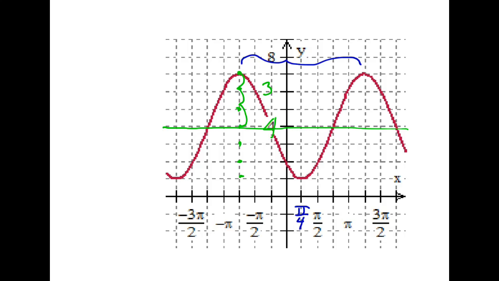So counting tick marks, we have 1, 2, 3, 4, 5 pi over 4 to the right of the y-axis, and to the left we have 1, 2, 3 pi over 4. So that's 8 pi over 4, or 2 pi. So this period is just a regular period, and that means C is just plain old 1, and we don't have to calculate it or even write it down.